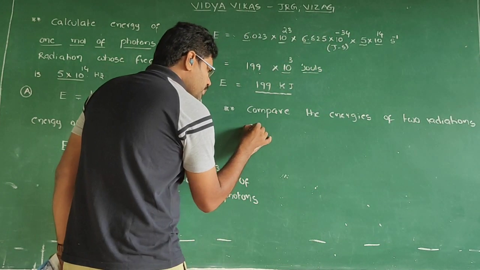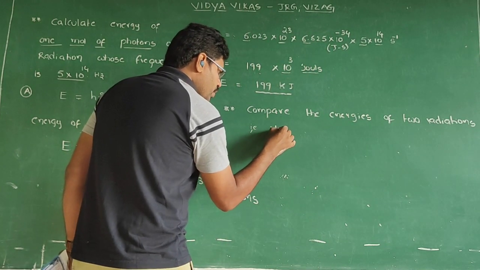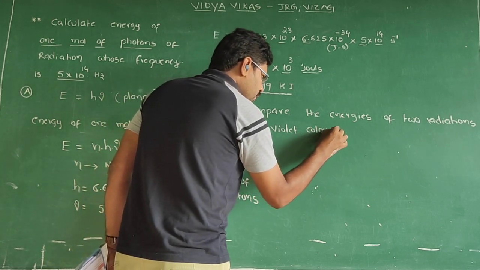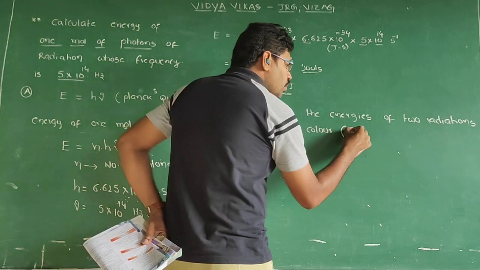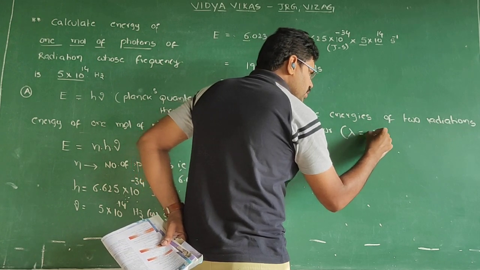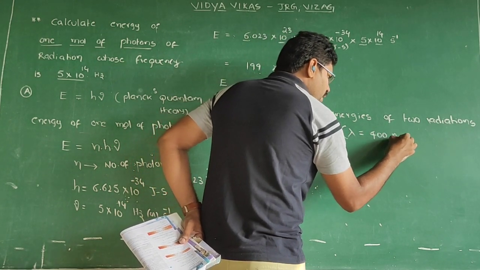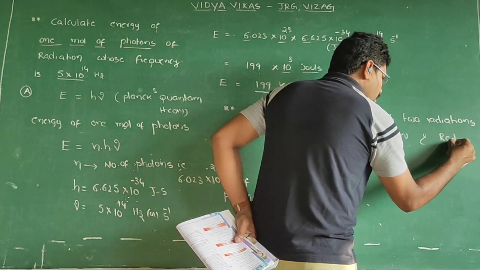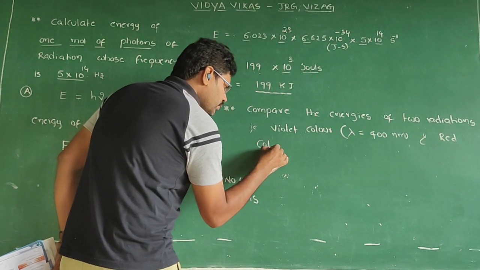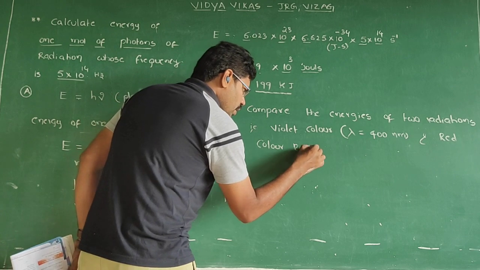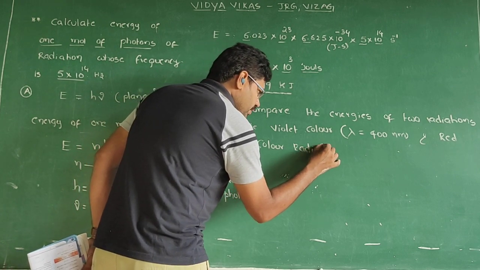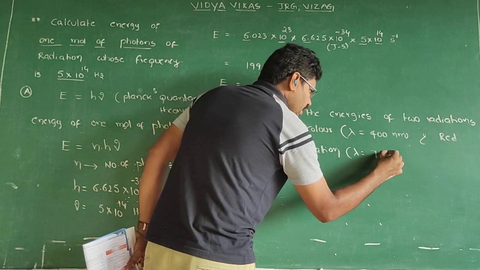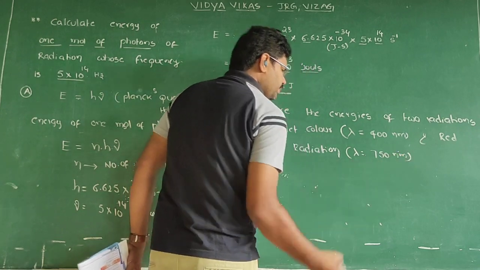One is violet color radiation having wavelength 400 nanometers, and red color radiation having wavelength 750 nanometers.